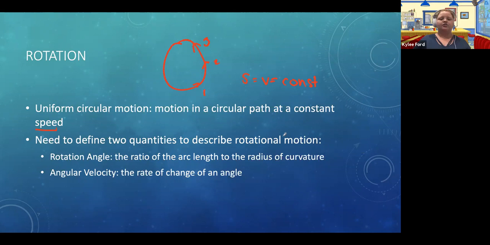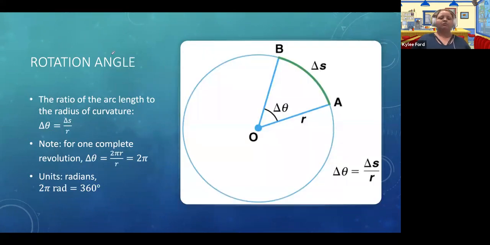To describe this rotational motion, we're going to need to know two main quantities: the rotation angle and the angular velocity. I'm going to go into each of those. The rotation angle is represented as delta theta.